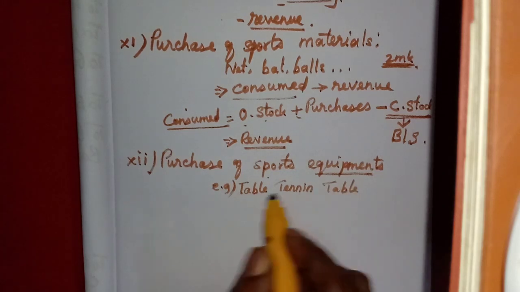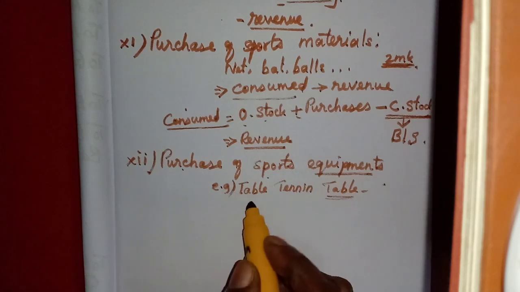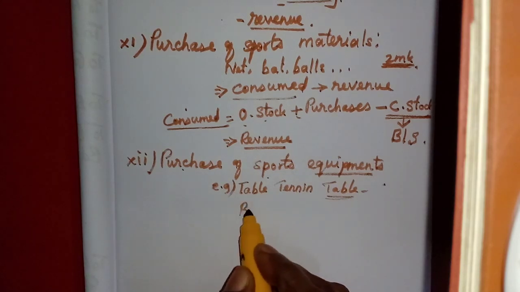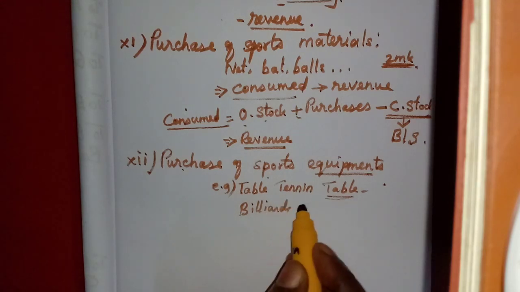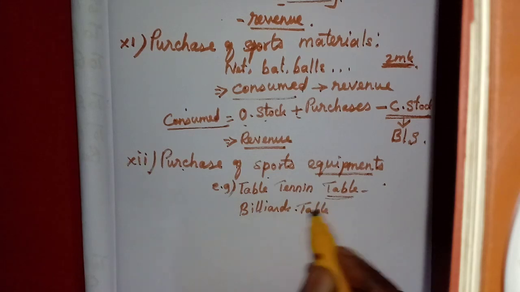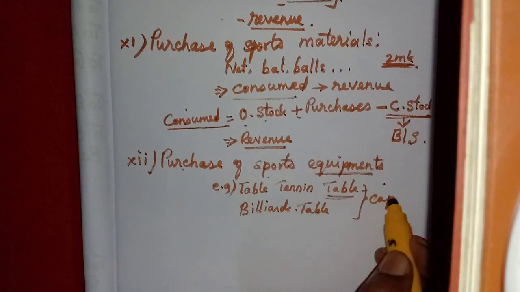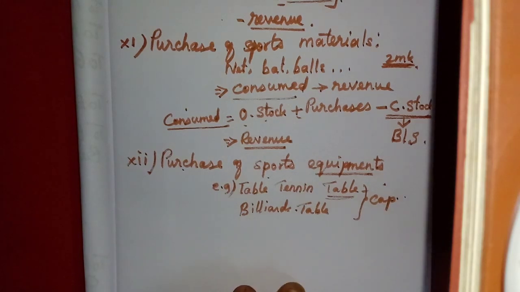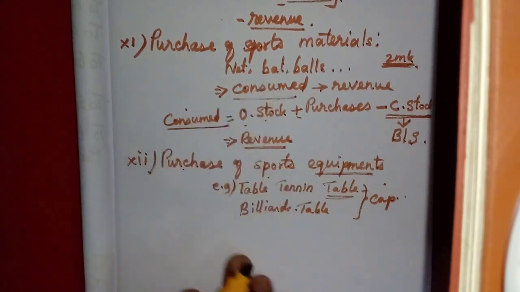If they purchase that, it is capital in nature. Then billiards, one game, with the stick and the balls they play, isn't it? The table that they purchase is also capital nature. Sports equipments, capital. Sports materials, revenue nature.